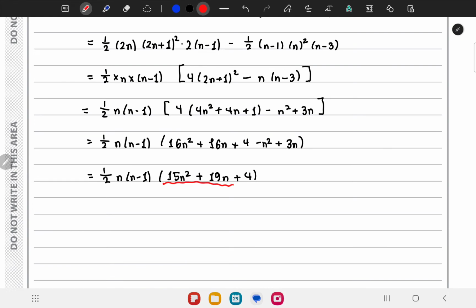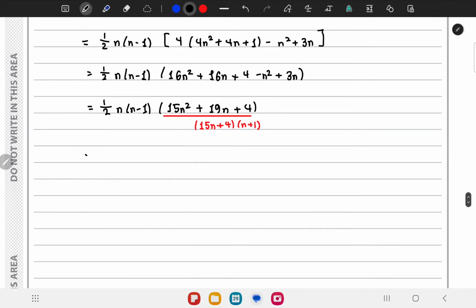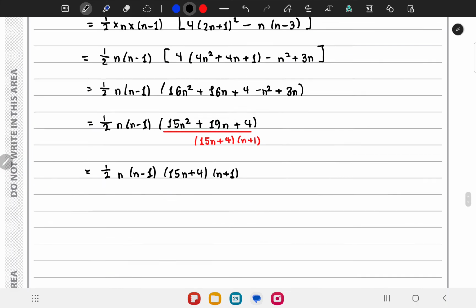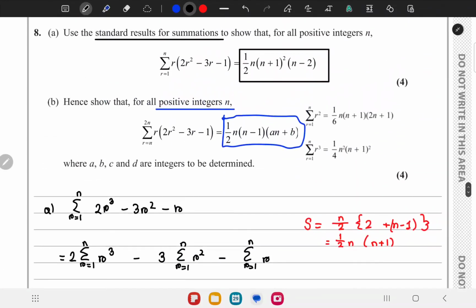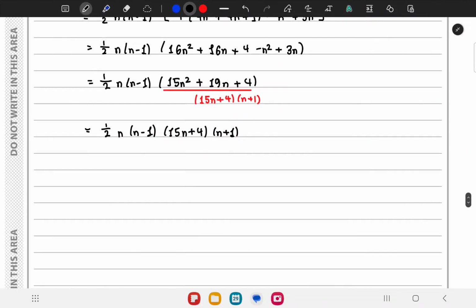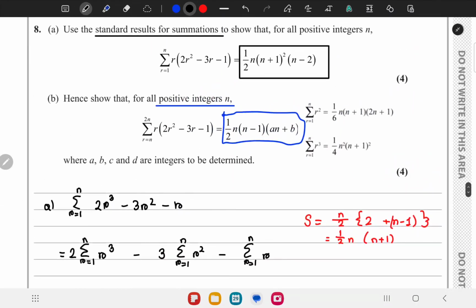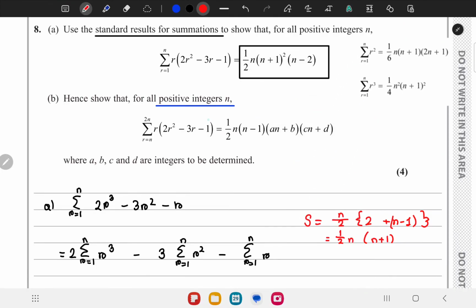If we factorize this term over here, we'll get 15n plus 4 times n plus 1. So we'll get half n minus 1 times 15n plus 4 times n plus 1. So this is the equation shown.